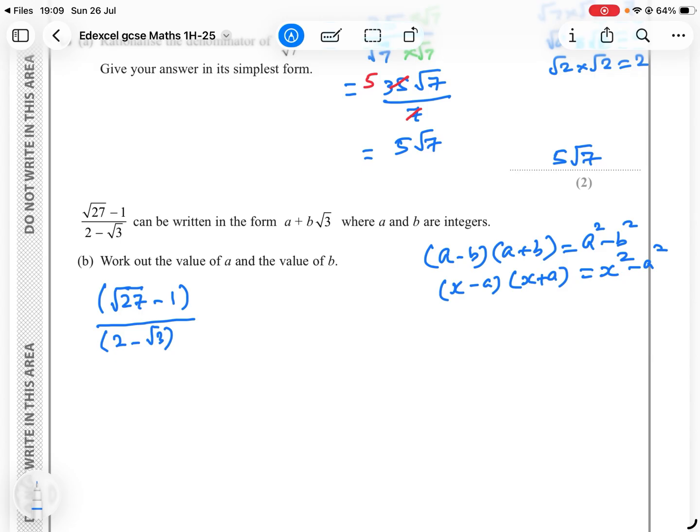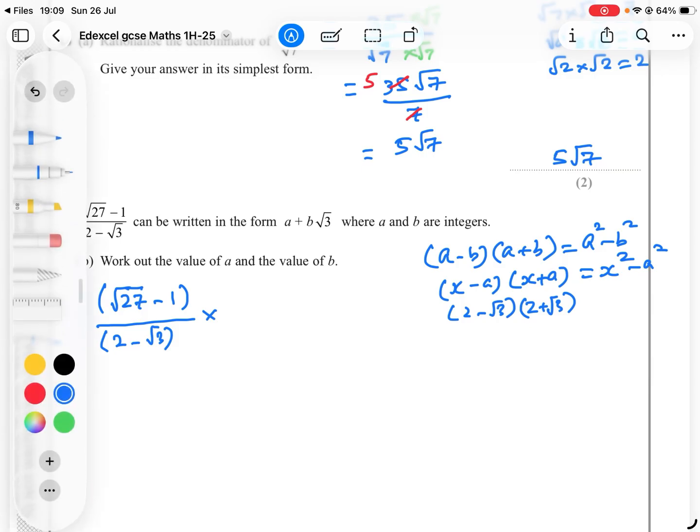So likewise, to rationalize this one, when you have 2 minus root 3, you have to multiply by 2 plus root 3. So you have to multiply top and bottom by 2 plus root 3, divided by 2 plus root 3.